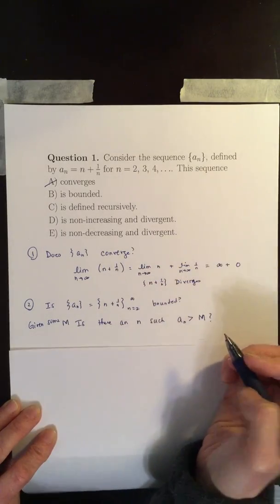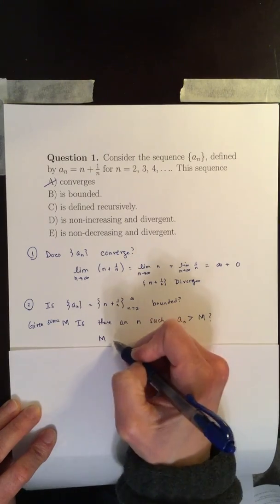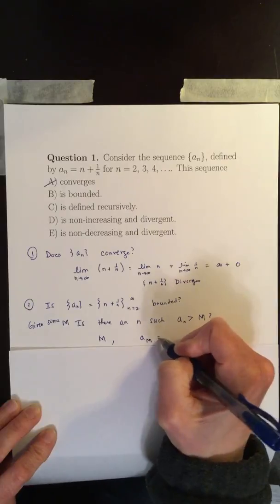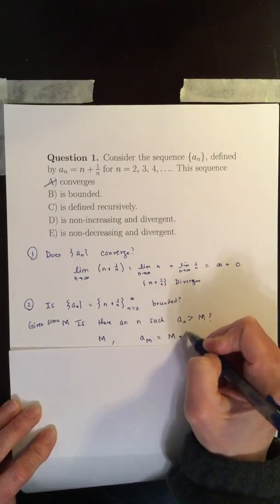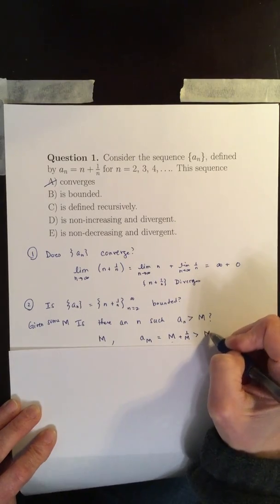Well, actually there would be. I could just say, given m, I just choose a sub m, because we know that's going to be m plus 1 over m, and automatically we know that that's bigger than m.